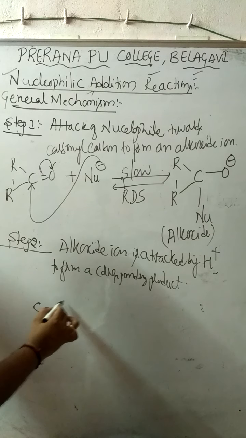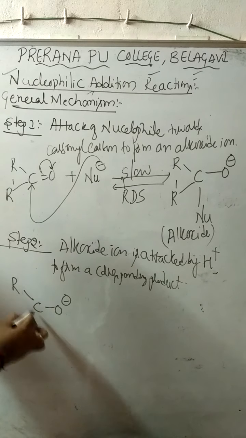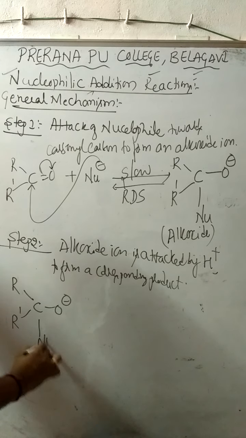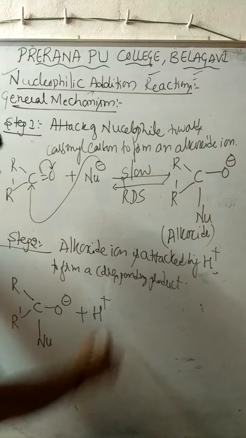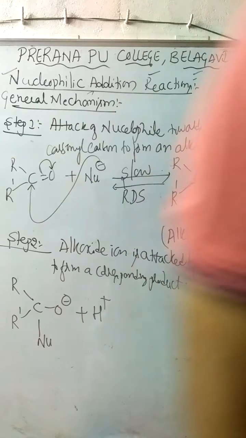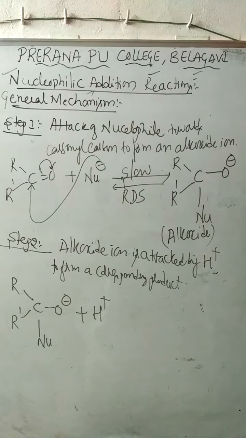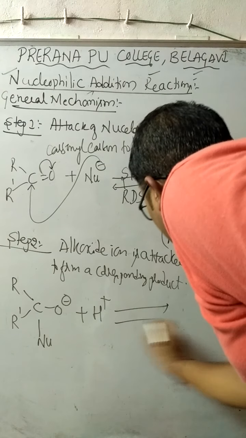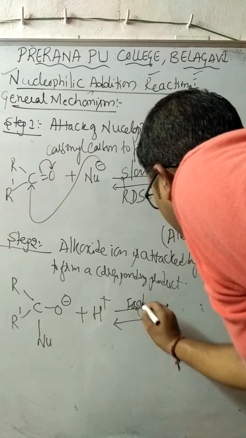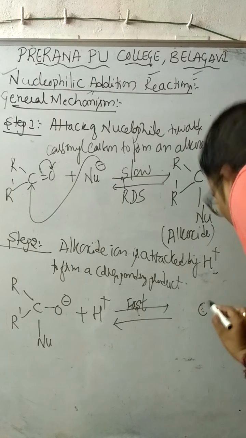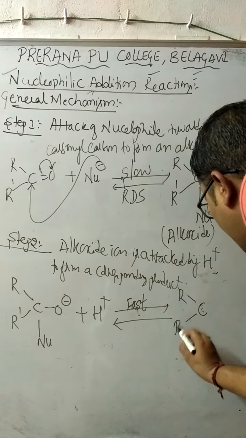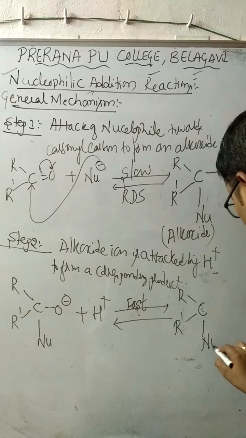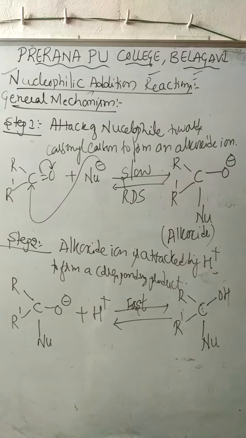When I consider the alkoxide ion, this is R dash with the nucleophile. When a proton attacks this alkoxide ion, this step is considered a fast step, so that the product can be represented as R dash with the nucleophile along with OH. So this is the general mechanism that can be explained when a nucleophile attacks either an aldehyde or a ketone.